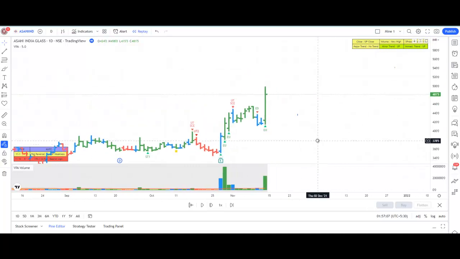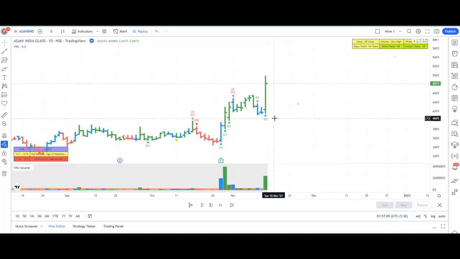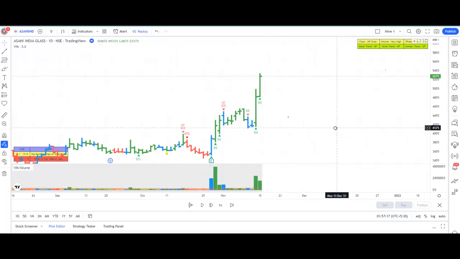Now we have a very good U bar, a really powerful U bar with a very wide spread and much increased volume, one more U bar, so the stock is gathering momentum.